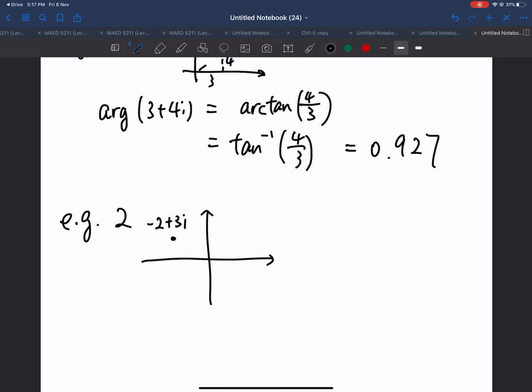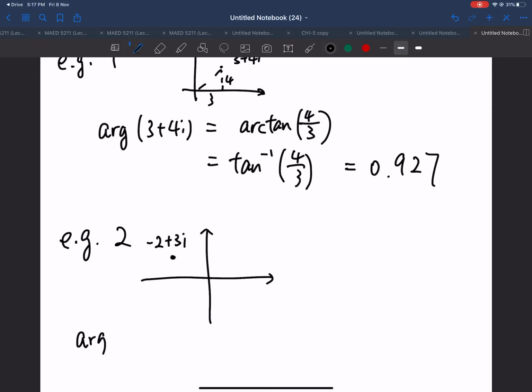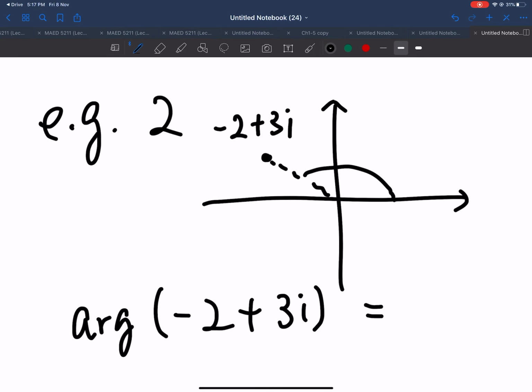For the next one, in this case, the argument is the angle here. So you should minus the angle. You can do that, but I'll give you 2 different methods.